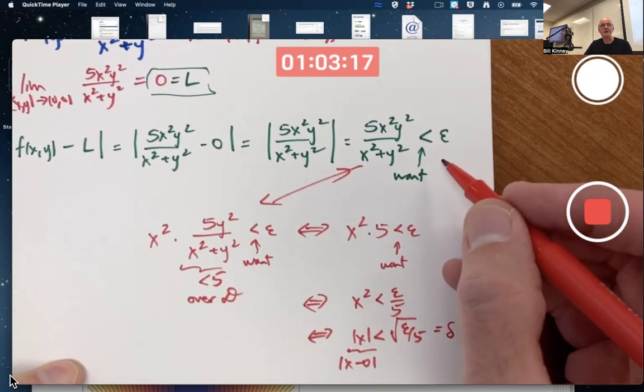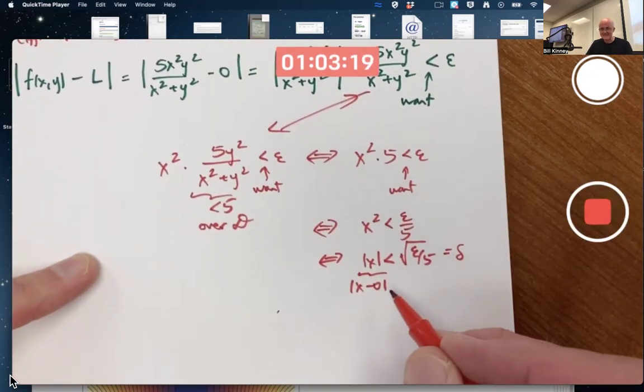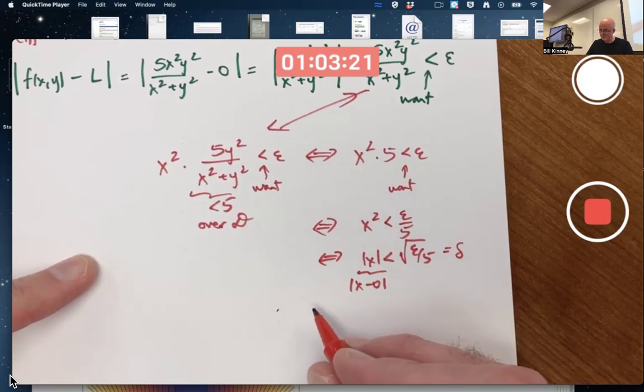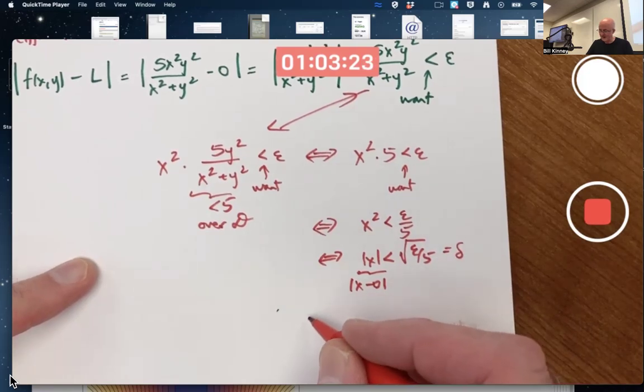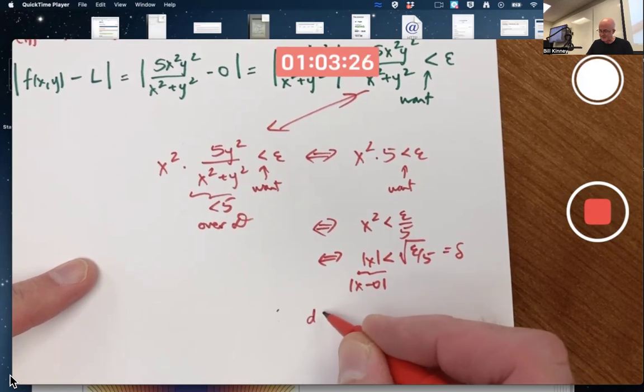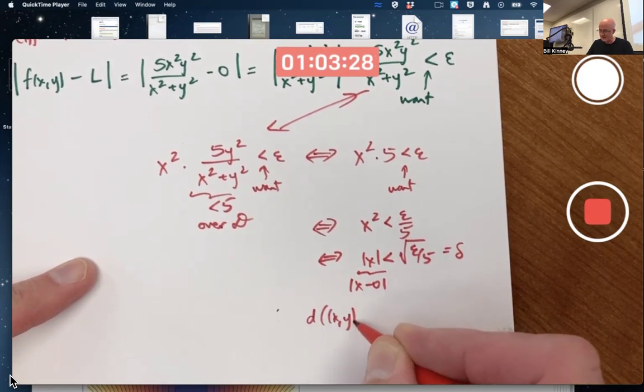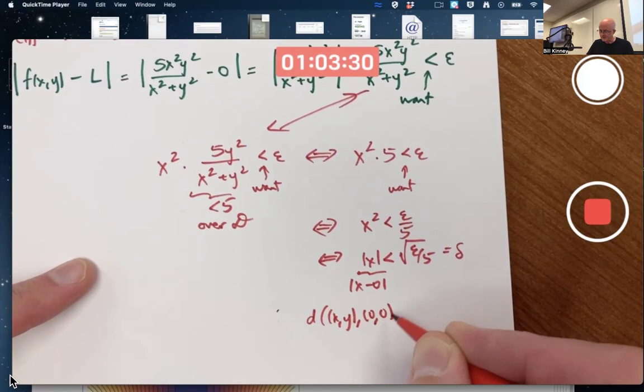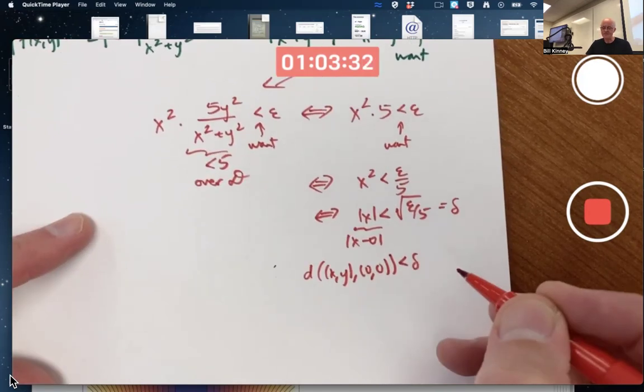This will be true. And this being true basically also can be guaranteed by saying that the distance between the point xy and the origin is less than delta.